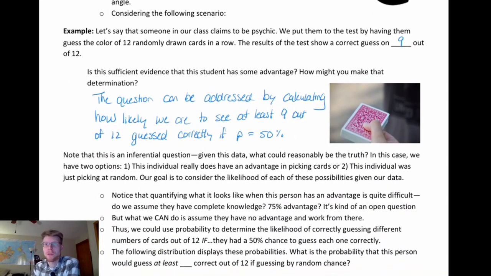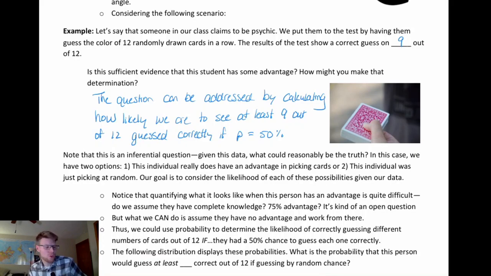We have a sample of data of her guessing that is hopefully representative of what would happen over time if she was continuously guessing these card colors. And so we're trying to determine, is this person guessing, based on the 9 out of 12 that we saw, indicative of some kind of advantage? Or again, is this something that we could see by random chance if somebody was guessing with 50% probability?